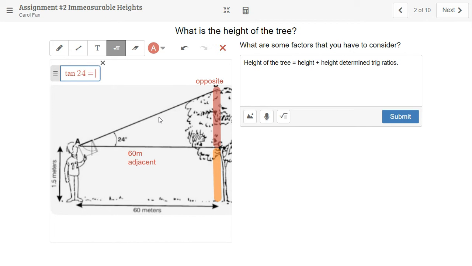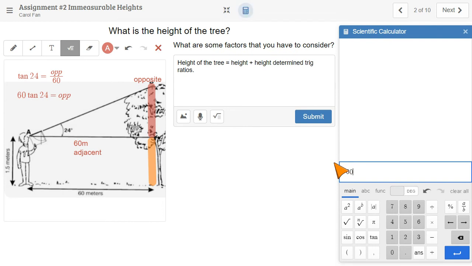Tan 24 is equal to opposite over adjacent. Let's cross multiply. So we have 60 times tan 24 is equal to opposite. 60 tan 24. And we have the value of the opposite as 26.7.